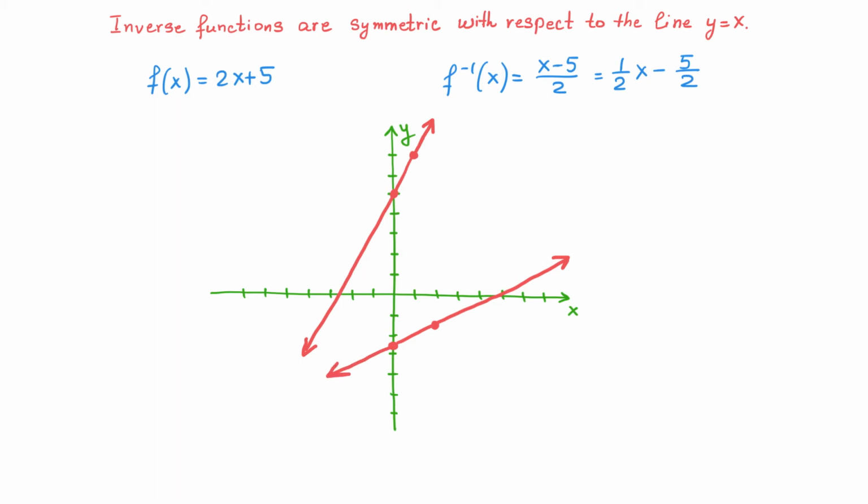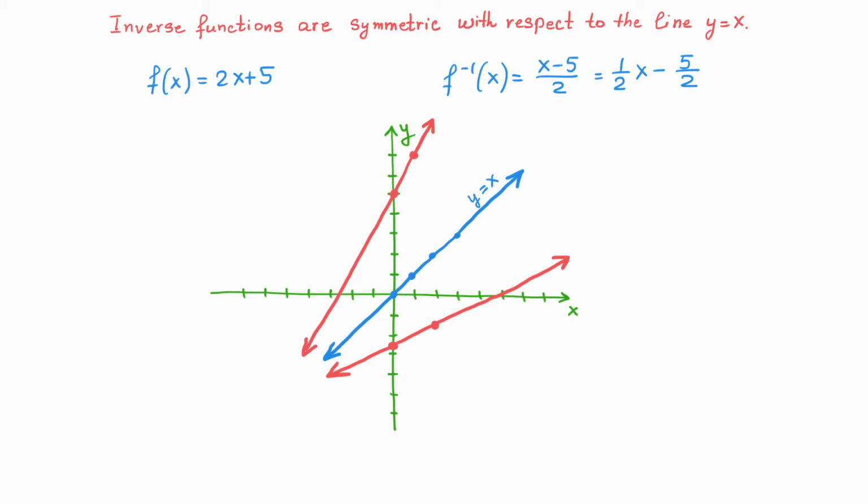So here we have both graphs, and now let's graph the line y equals x. A few points of this line are 0, 0, 1, 1, 2, 2, 3, 3, and so on. Now let's connect these points and we will get the graph of y equals x. Do you see now how these two graphs are symmetric about this line?